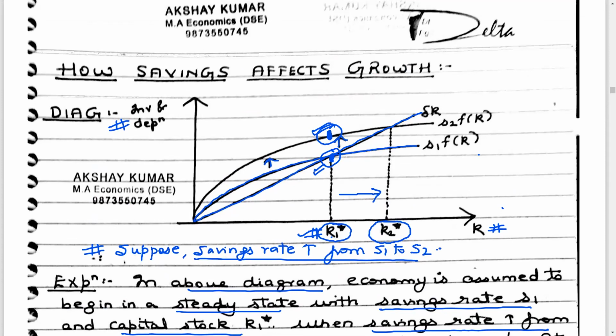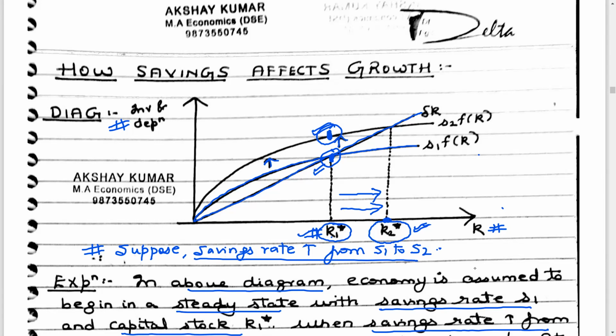But the moment you come to K2 star, which is the new steady state level of capital stock per worker, the growth will stop. So guys, savings will cause growth so far as you are moving from K1 star to K2 star. Once you have reached K2 star, growth will stop.